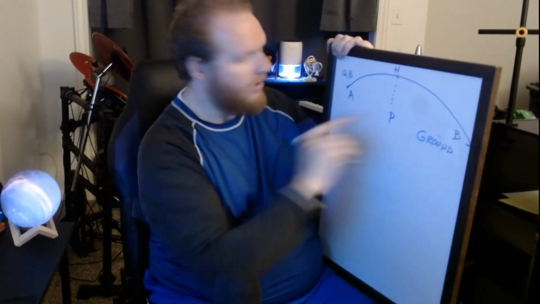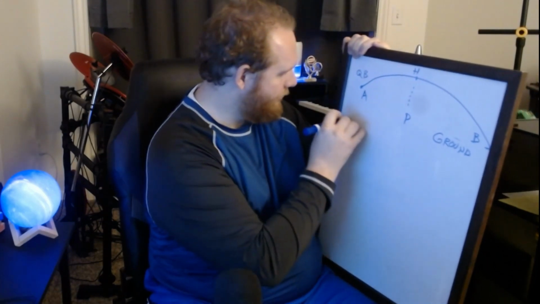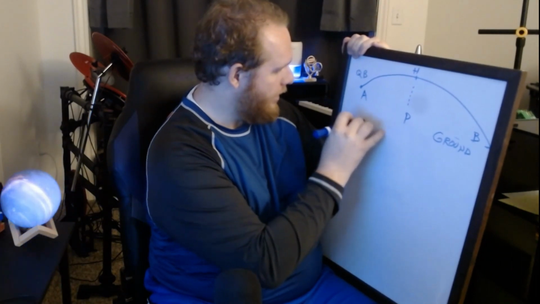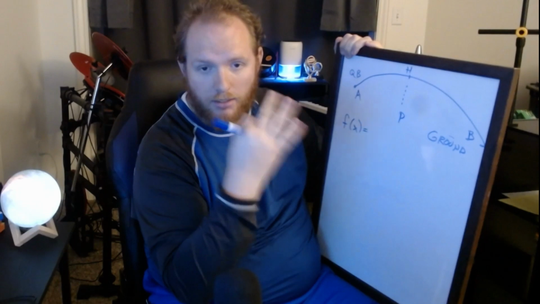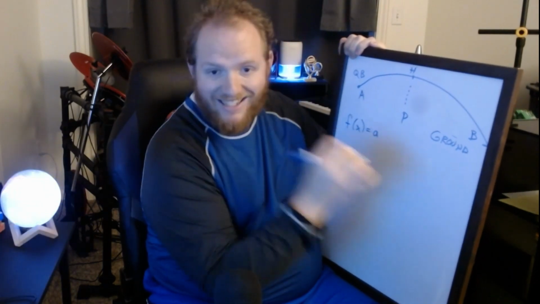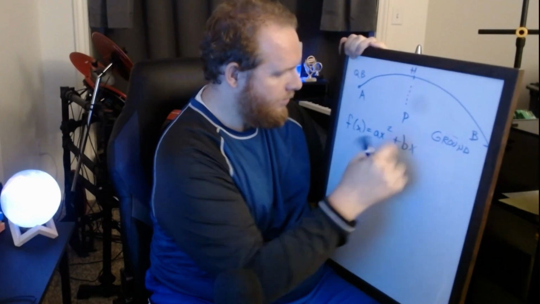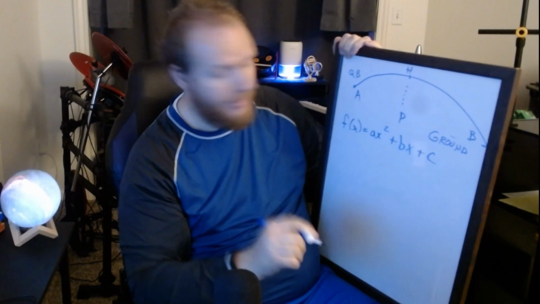And because we're assuming it's going to take that parabolic arc, any parabola, our function f of x, has to be defined by three numbers: lowercase a, which multiplies by x squared, b, which multiplies by x, and the final number, c.